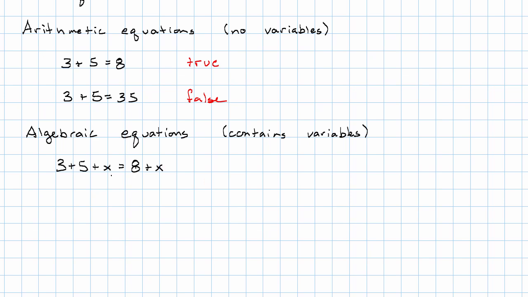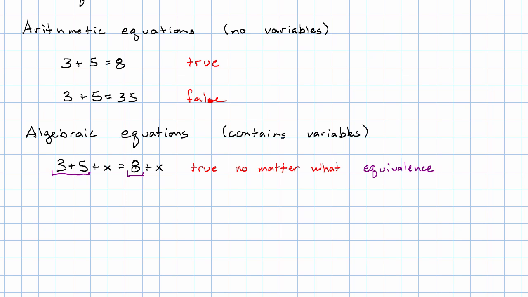For example, 3 plus 5 plus x equals 8 plus x, just because 3 plus 5 and 8 are different ways of saying the same thing. If we have an algebraic equation that is true no matter what, we call that an equivalence.